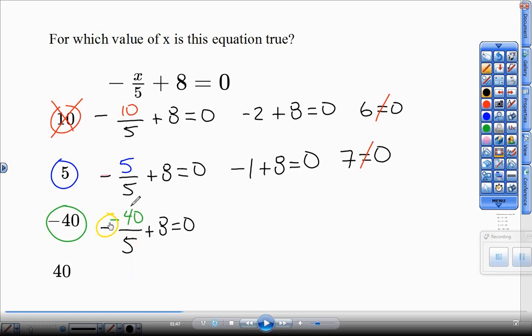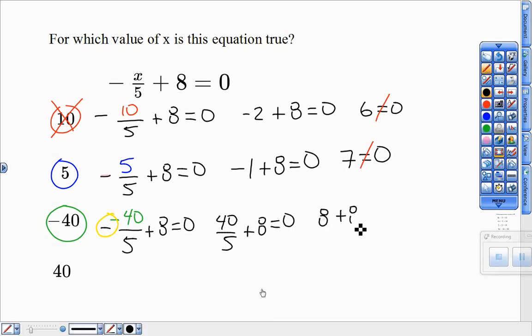That's a double negative. The second word is bird. Bird. So that double negative makes that +40/5 plus 8. And then 40/5 is 8. And then 8 does not cancel out the other 8. That gives me 16. Another false choice.